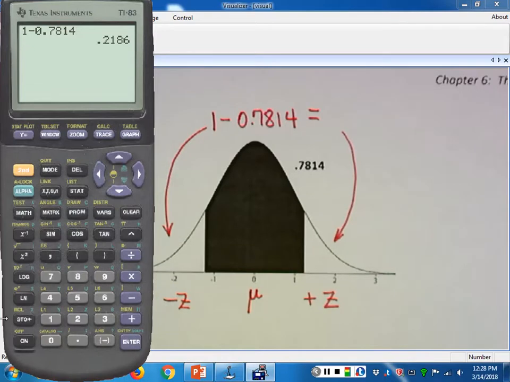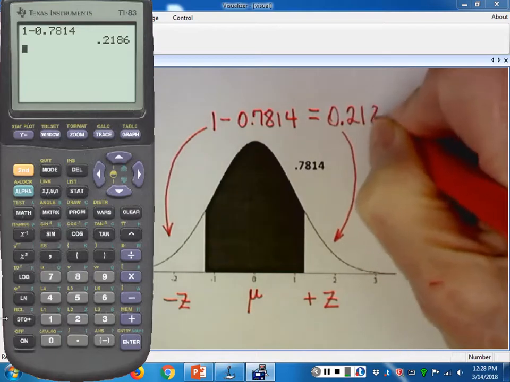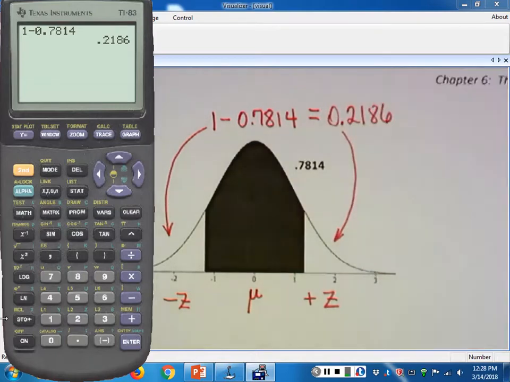So that's a total area of 0.2186. Okay? That's the total of the white area here and the white area here.